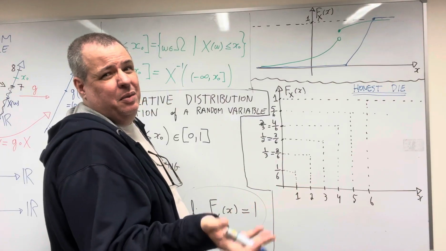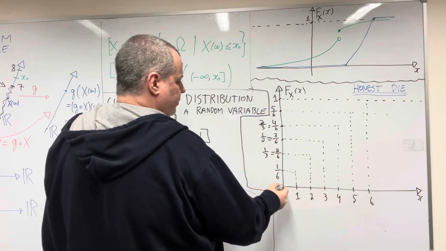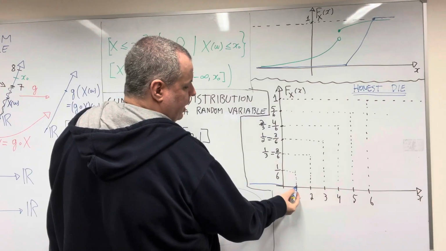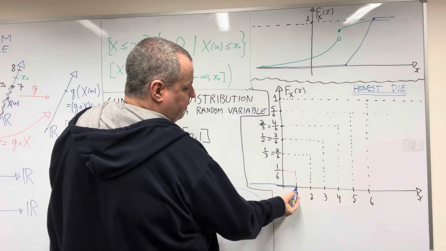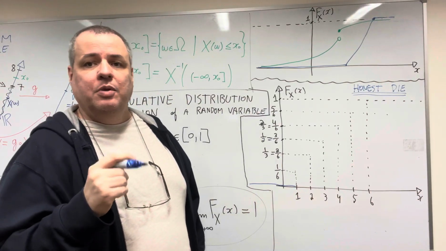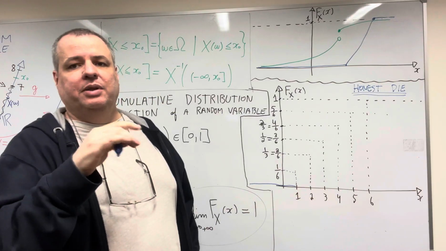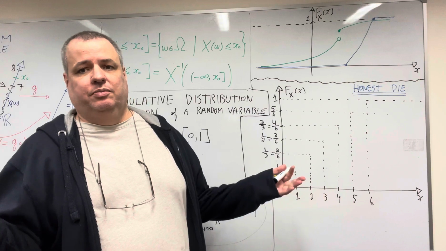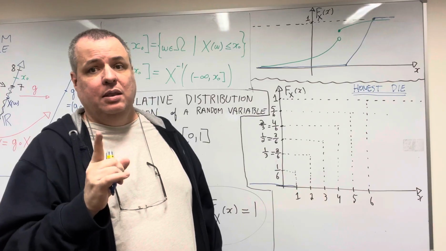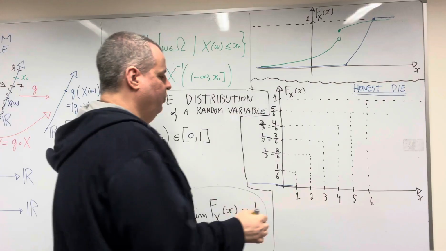The smallest you can have is 1, so the chance that you are below 0 is 0. All the way up to 1 it stays at 0, except when we reach 1, we jump. The probability of having an outcome smaller or equal than 0.999 is 0. And the probability of having an outcome smaller or equal to 1, well, 1 is smaller or equal to 1, so you have probability 1 over 6.